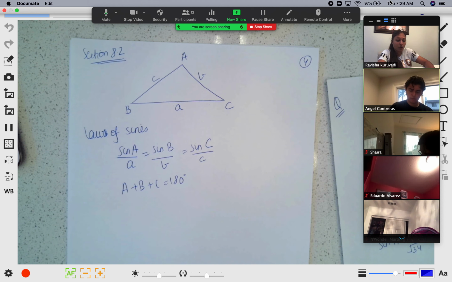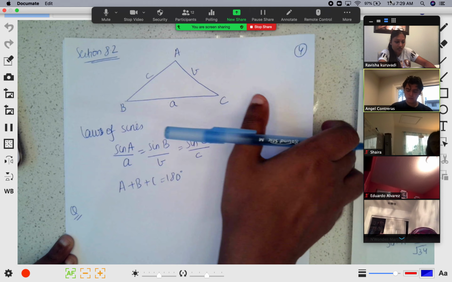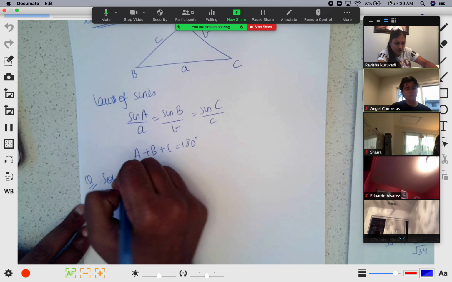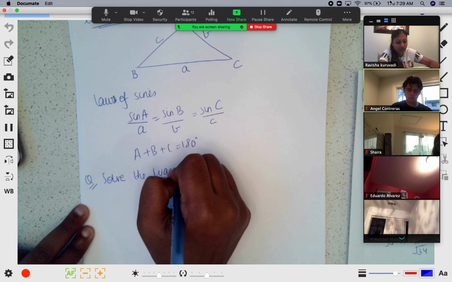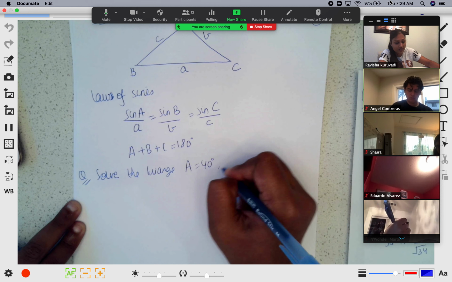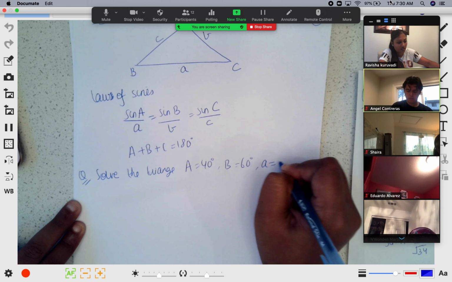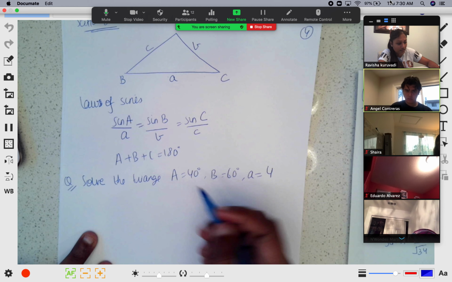Okay. Now the question you get on this is, suppose it says solve the triangle. So you're given a triangle. A is given to be 40 degrees, B is given to be 60 degrees, and then you're given a is equal to 4. Suppose this is my triangle here.